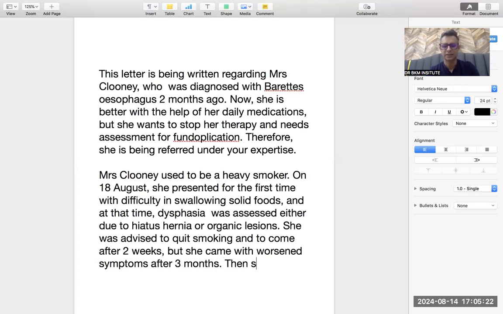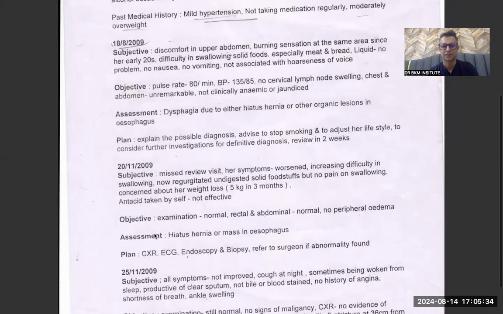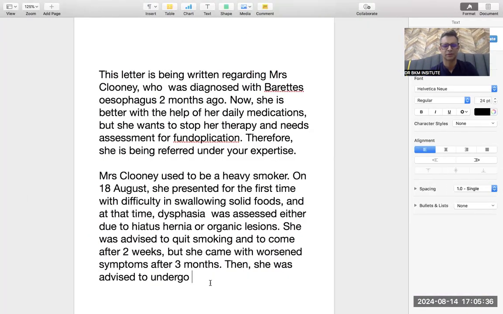Then she was advised, now simple, then she was advised to undergo, whatever the two important things, biopsy and what was the other thing? Biopsy and endoscopy. She was advised to undergo endoscopy and biopsy.